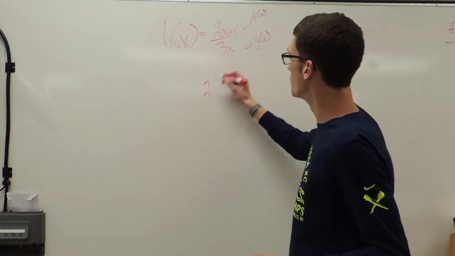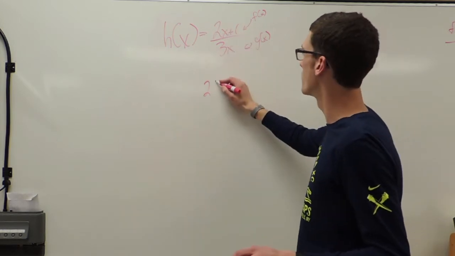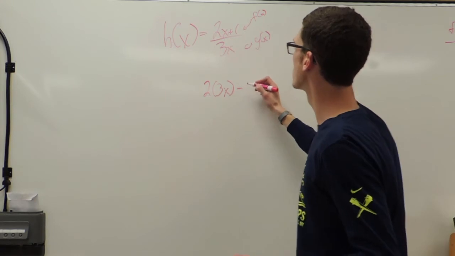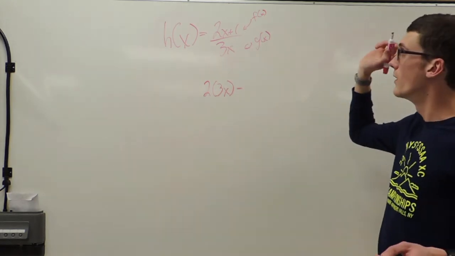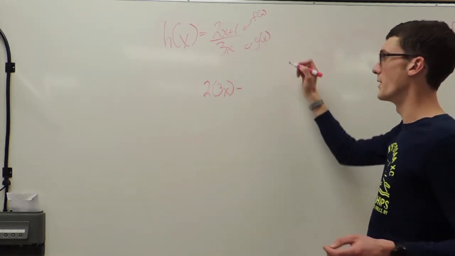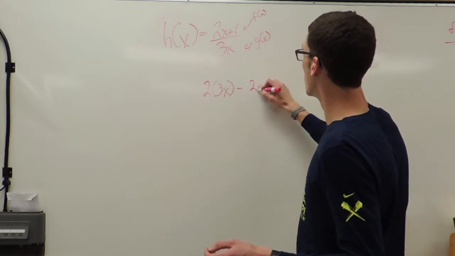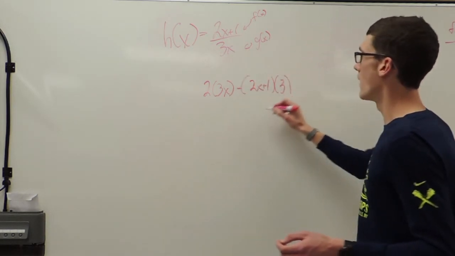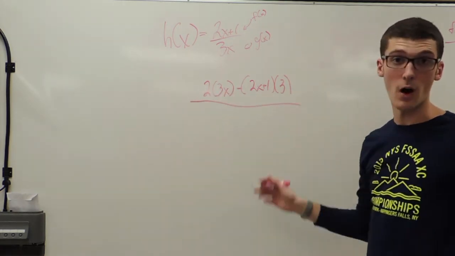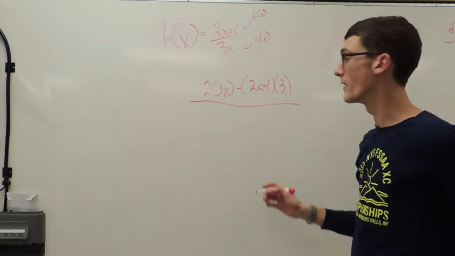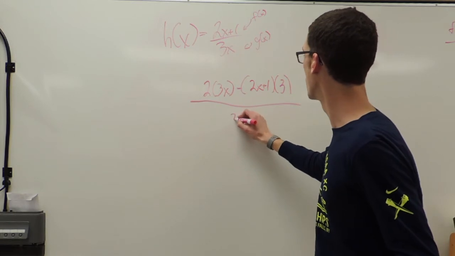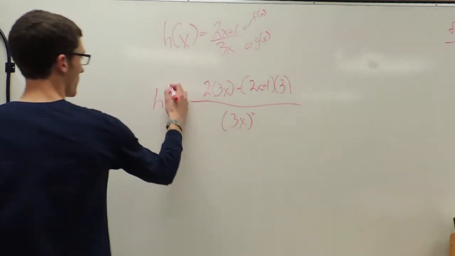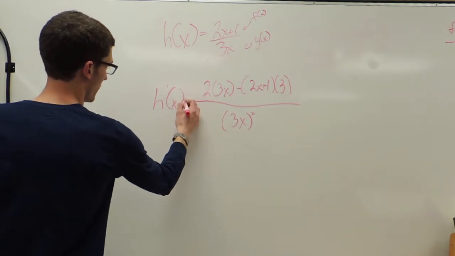So you have 2, the derivative of the numerator, times just the denominator, so it's going to be 2 times 3x. Then you do the minus of the opposite: the normal numerator times the derivative of the denominator, so 2x plus 1 times 3. And now you have to square the bottom. Always remember to square the denominator. So it's going to be 3x squared. That's h prime of x equals that.